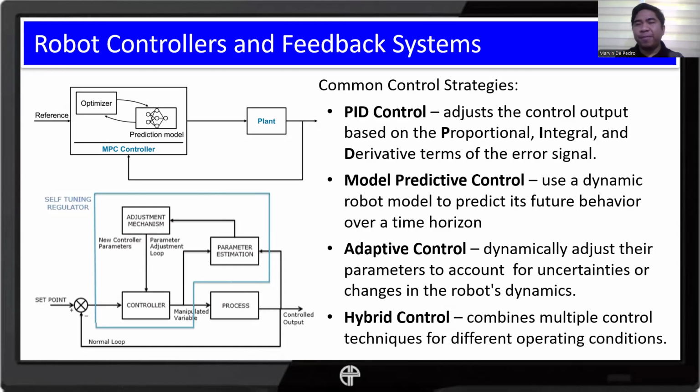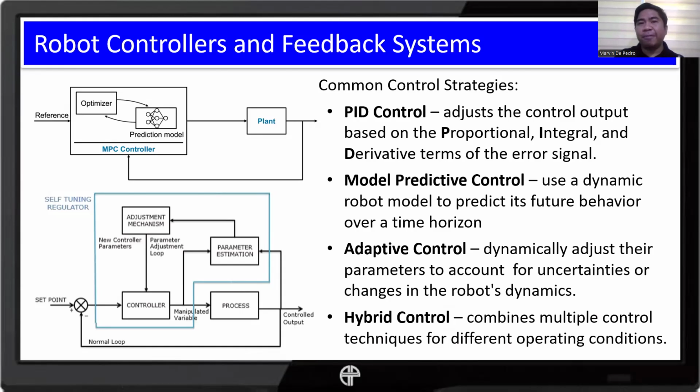Based on the past movements or the past data collected by our robot, we can come up with a prediction model. The system will be able to predict what can happen next, or which option is the best to take.